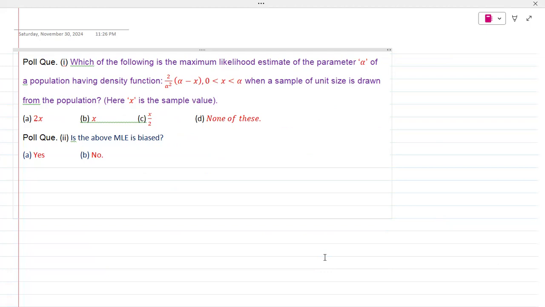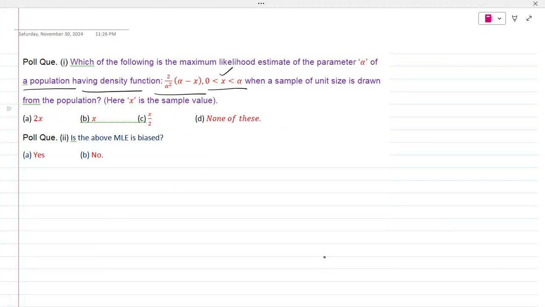So now here we have a population whose density function is given by 2 by alpha square times (alpha minus x), where x is between 0 and alpha. And what is alpha? This is the parameter, and obviously this parameter will be unknown. What is the sample size here? The sample size is 1 only. N is 1. How do I know?